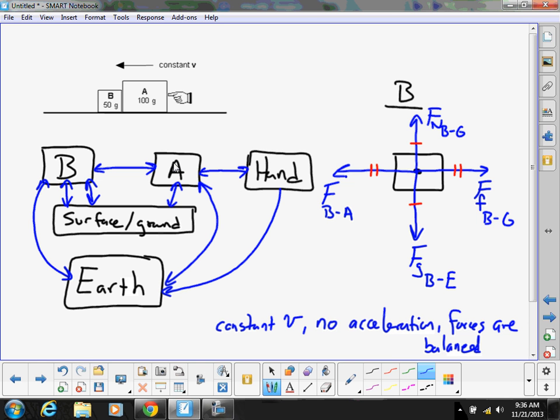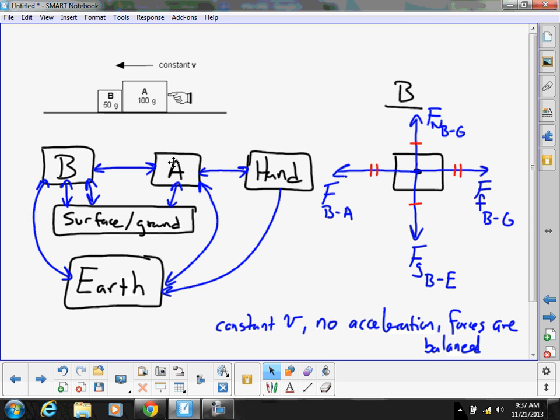So there's our force diagram for block B. We have the force of gravity on block B by the Earth. We have the normal force on block B by the ground. We have the force on block B by block A as it's pushing against it. And then we have the force of friction acting on block B by the ground, causing it to move at a constant velocity. Okay.